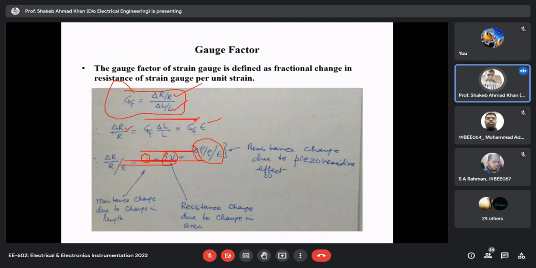But when you deform the material, the bonds also get deformed. Although I'm not saying that the bonds are broken, they are not broken, but they are deformed. Because of the deformation in the bonds, there are unbalanced resultant forces, whereas all the forces were balanced when it was not deformed.